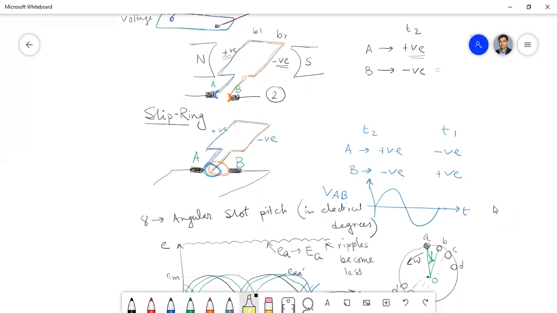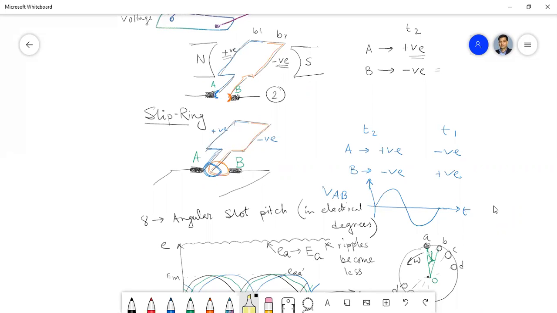Anybody? Sir, is it brush commutator arrangement? Why? Okay, so you are saying brush commutator arrangement. Sir, at output we will get DC. No, no. My question is, I want DC current to flow through the coil, and as input also I have DC voltage.